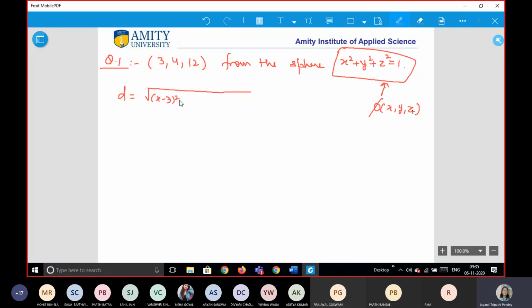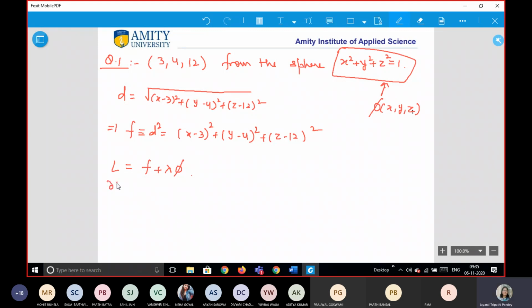So this is d. That means if you write f as d square, then this is your function and your Lagrange's function will be this.